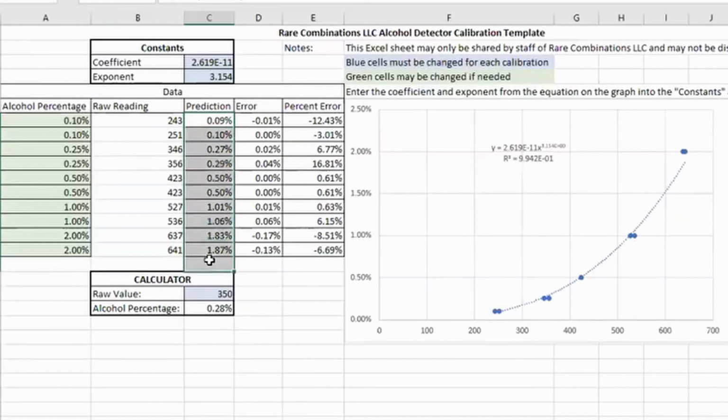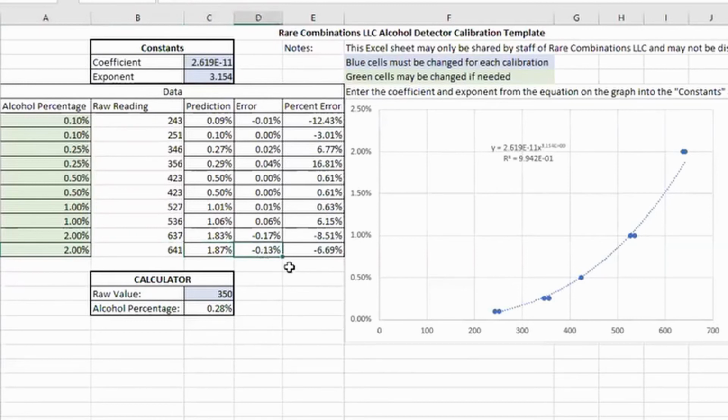So if these are decently close to your actual values, then you're pretty good. And the error sort of gives you an idea of that as well. The error is just subtracting this value from this value. So the prediction minus the actual is giving you your error. So in this case, it would have predicted that your 2% solution was actually 1.87% in this case.